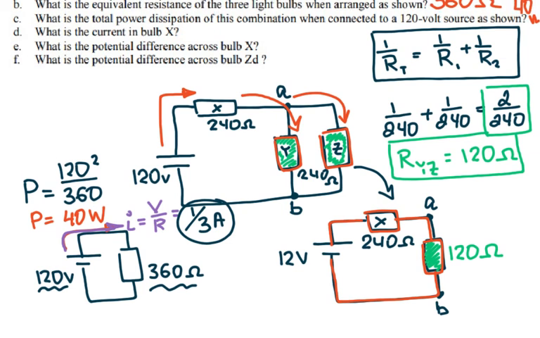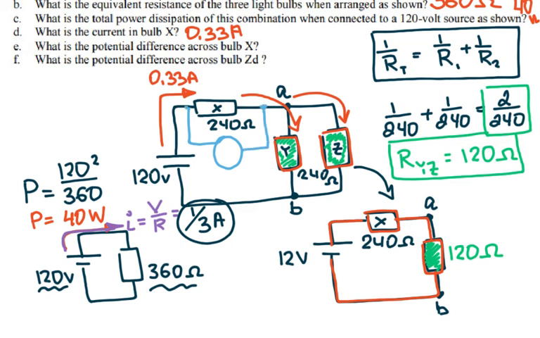So right here, 0.33 amps. And then what is the potential difference across the bulb X? If I know the current here is 0.33 amps, the potential difference is measured parallel to the bulb or the resistance that you're measuring.